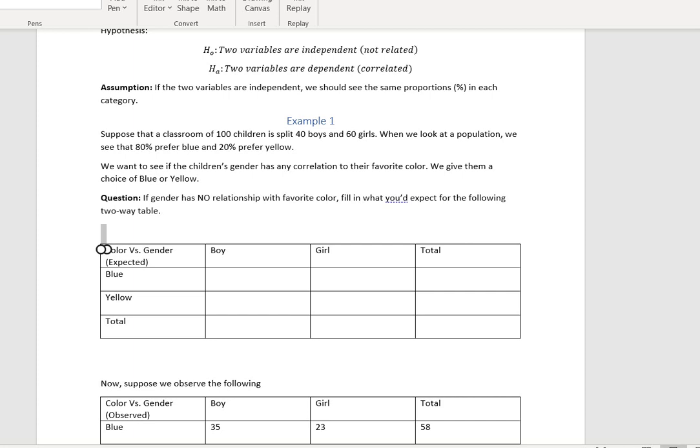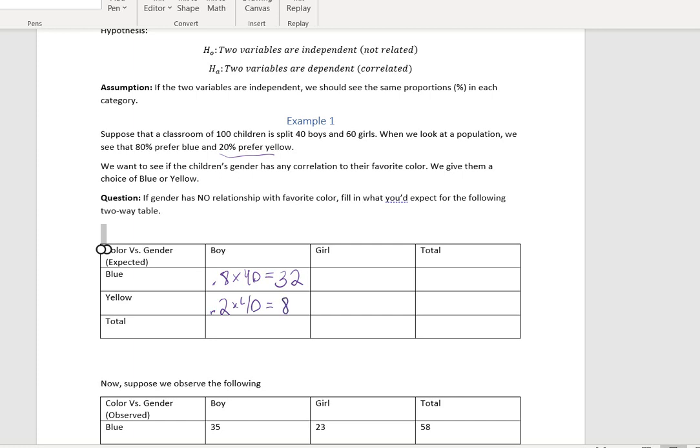Well, 80% of the boys should prefer the color blue. 0.8 times 40, which means out of the 40 boys that we interviewed, we should have 32 that prefer the color blue. If 20% of all people prefer the color yellow, then 20% of our boys should prefer the color yellow, which would give us 8.